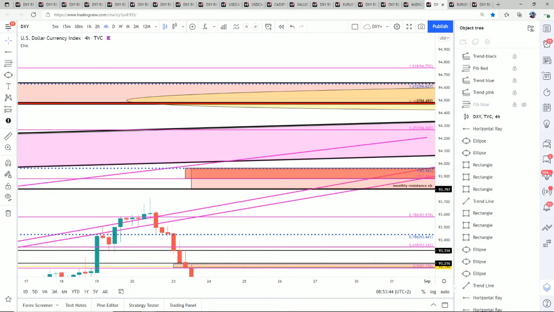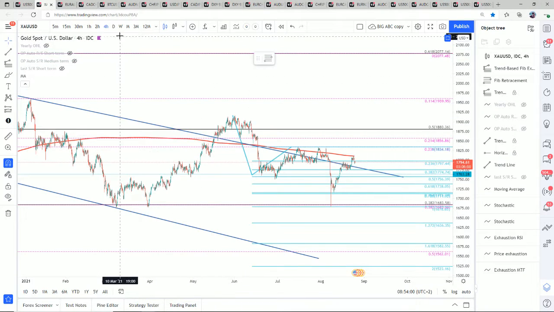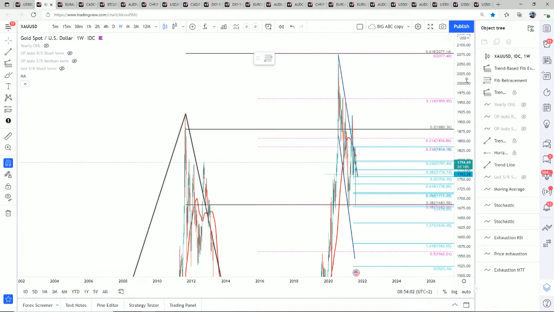On the other hand, I want to share with you the gold chart I've been working on. I just spoke about it in the chat room again last week with one of the members who was asking for some updates on the gold.